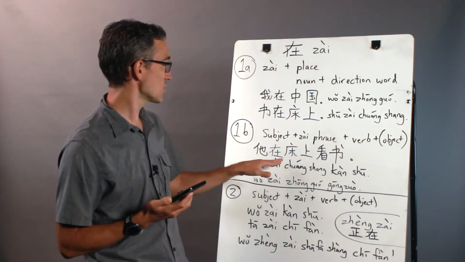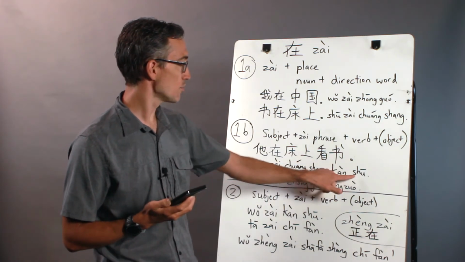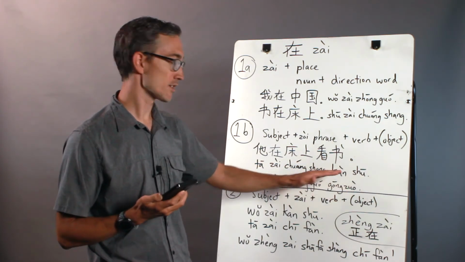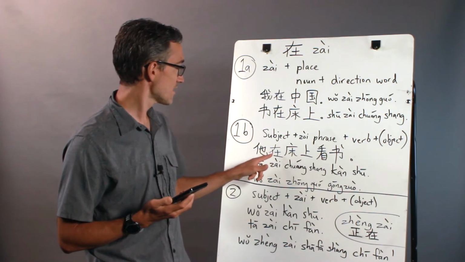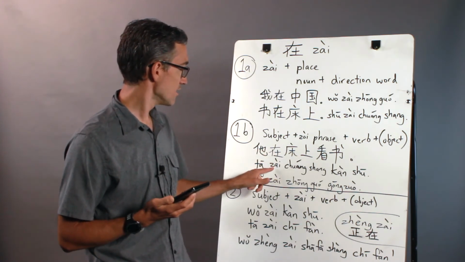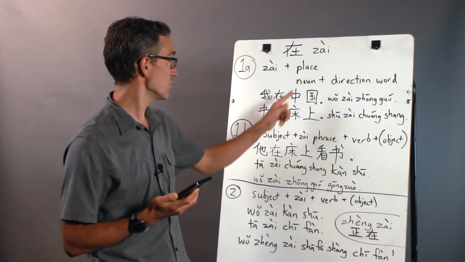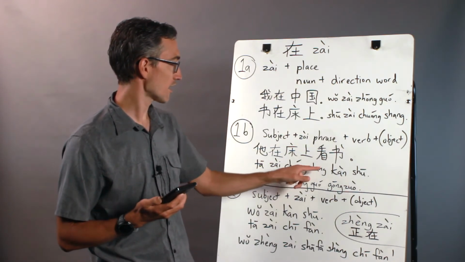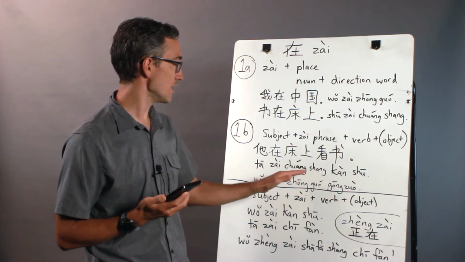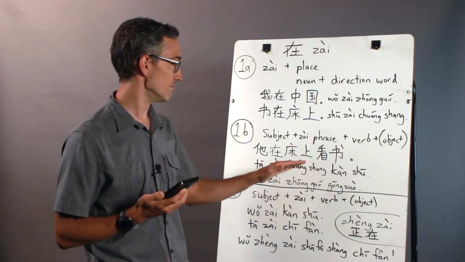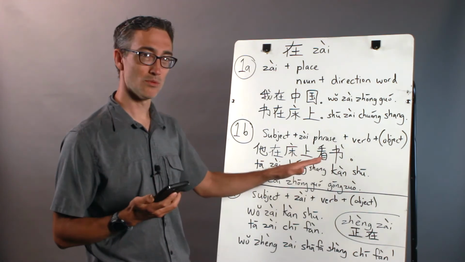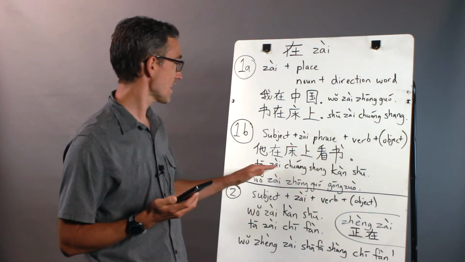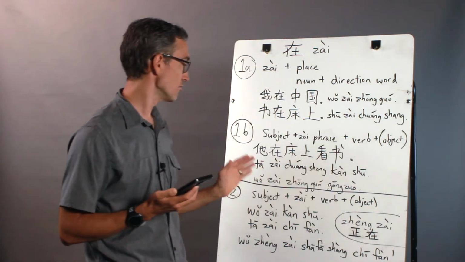So 他在床上看书. 看书 means to read a book, or read books. So 他在床上, he on the bed, but it's using this construction here. 他在床上看书. He is reading books, or reads books, or whatever. I don't know what tense it is. But 他在床上看书. He's reading books on the bed.